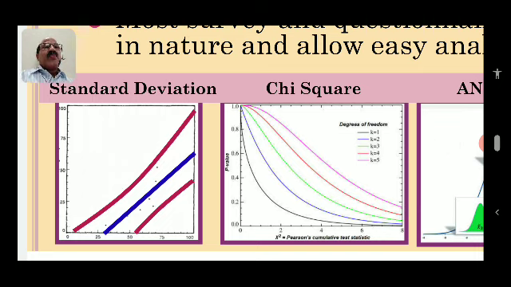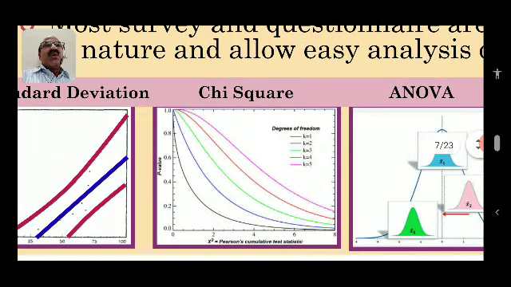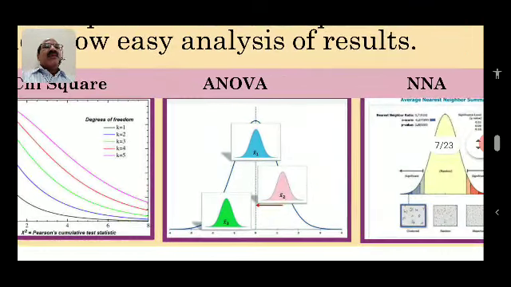In the chi-square, we can see how much homogeneity there is, how they are standardized. Then we can have ANOVA, that means we have different variables, or the same variable from different places. Then we can test whether they belong to the universal set or not, whether they have parity or not.